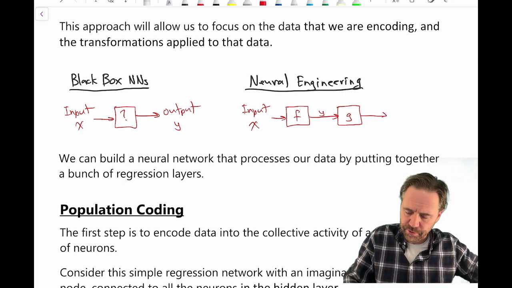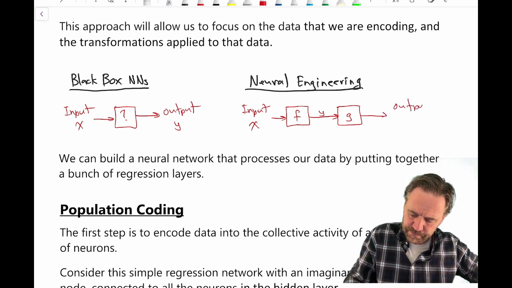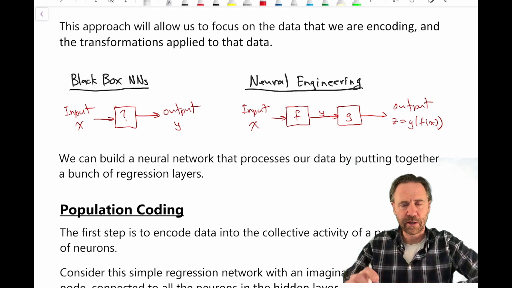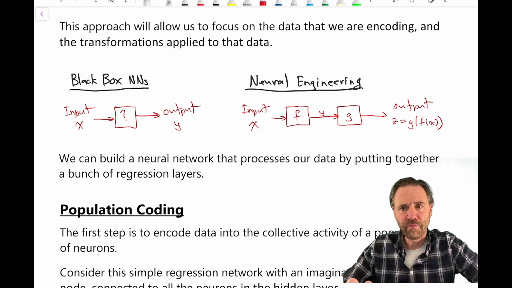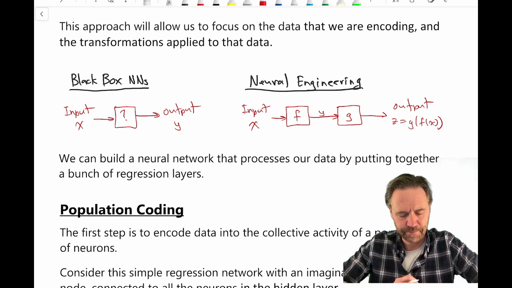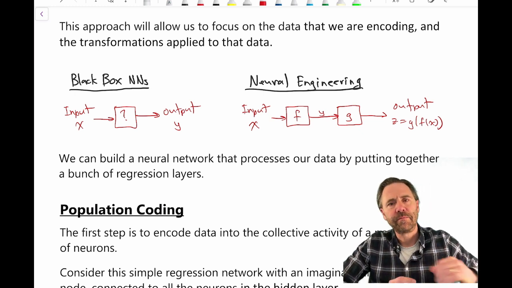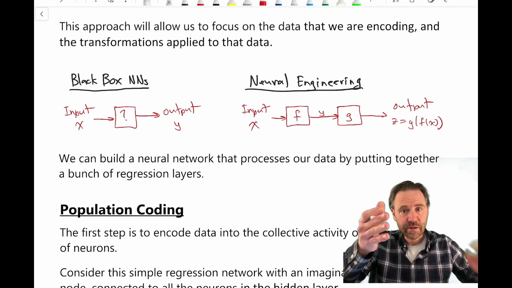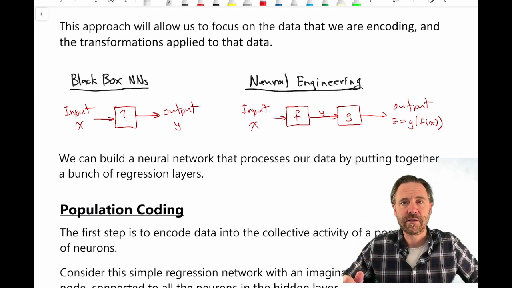Finally, we get output, I'll call it Z, equals G of f of X. So by putting these two populations together, we can essentially evaluate this chain of functions. We can build a neural network that processes our data by putting together a bunch of regression layers. Each of those populations is trained as a regression layer.